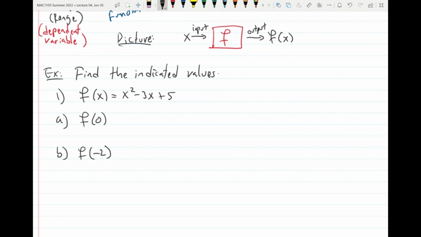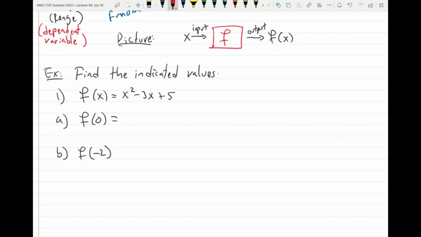So how do you figure this out? Exactly what we did before. This means go to the function, whatever formula you have, and every place that you see an x, you replace it by what you have inside this parenthesis. That's what this means. My advice to you is, because later we're going to be plugging in more involved things, just go to x and replace it by this.